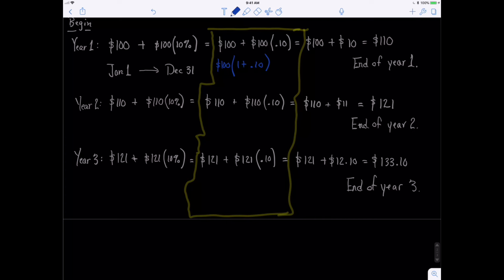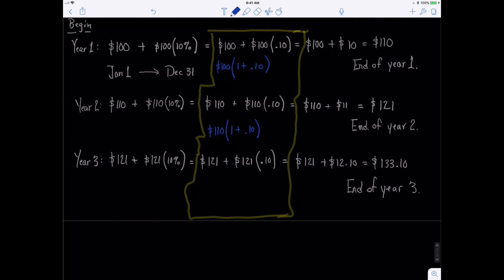In the next line, I have a common factor of $110. So it also factors to 1 plus 0.10. And in the third line, I have a common factor of $121. So it factors into 1 plus 0.10. Look at that. They all have the same factor in each line of the 1 plus the 0.10.